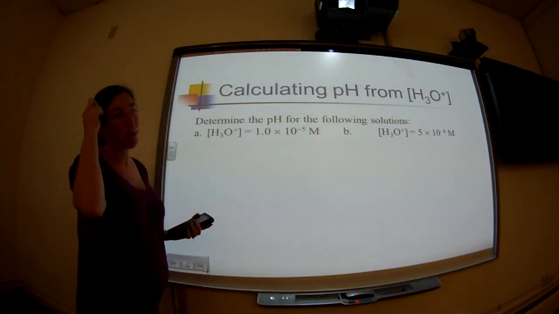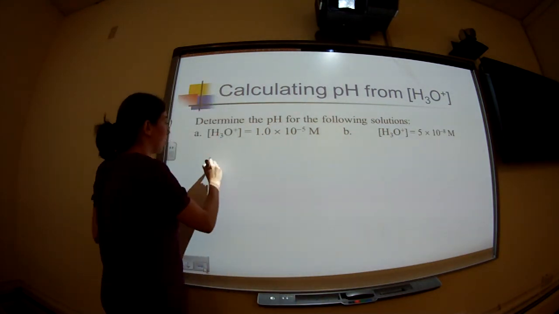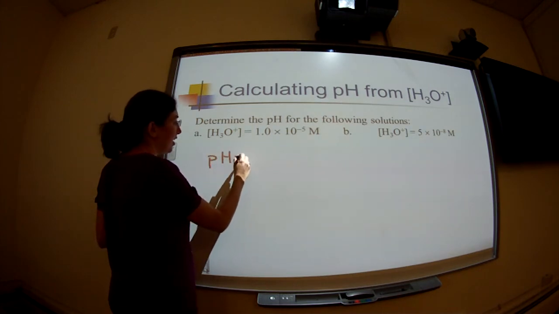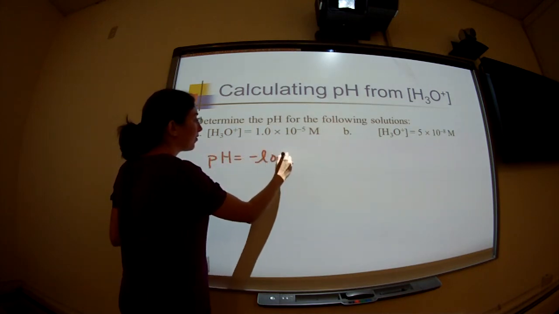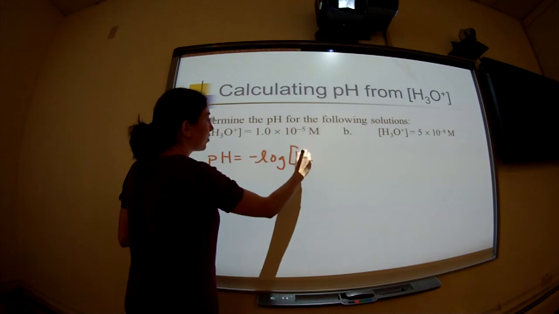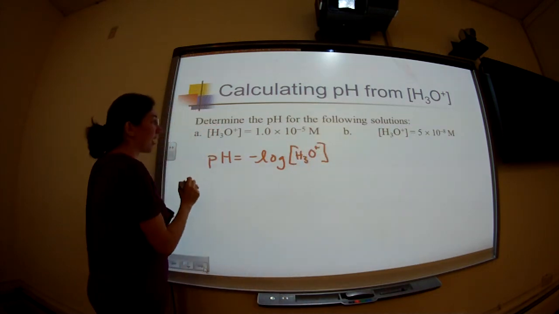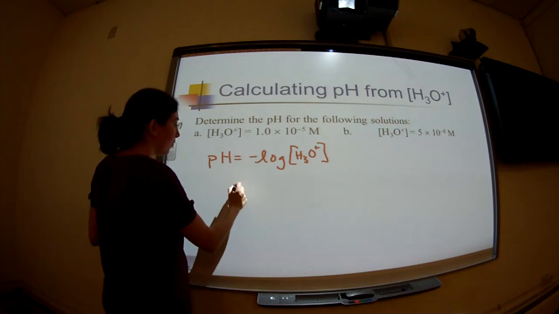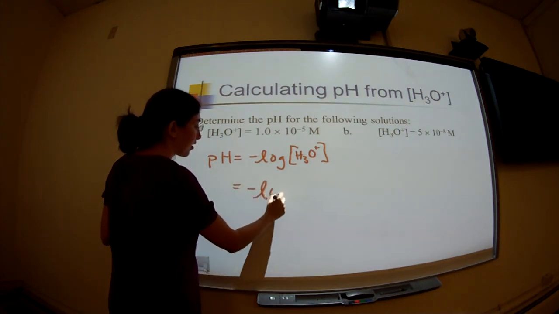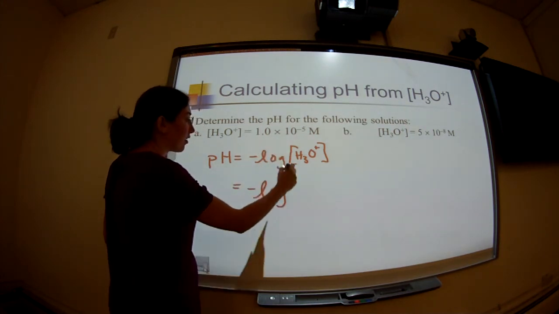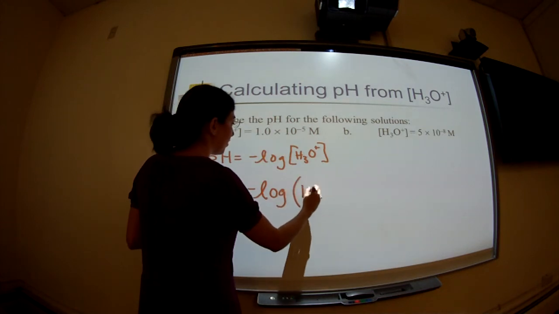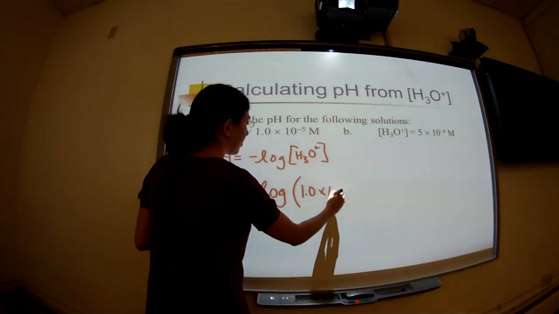So on my calculator, let's write out the equation first. We want to determine the pH for these solutions. And pH equals the negative log of the concentration of hydronium ions. Okay? So for A here, our equation is the negative log of 1 times 10 to the negative 5.